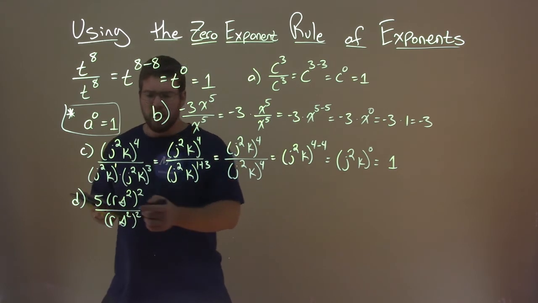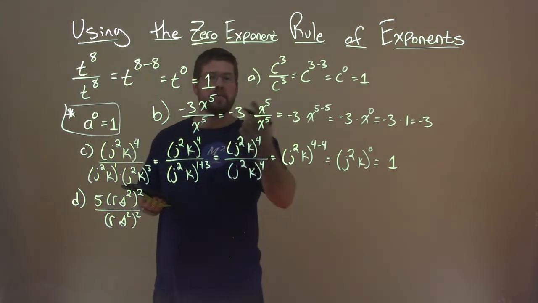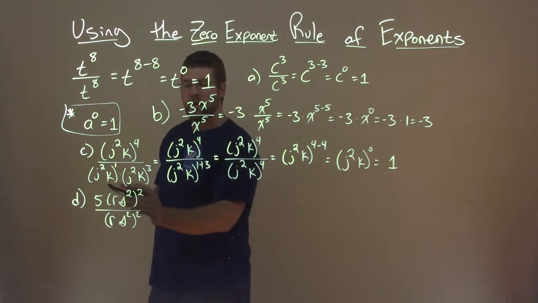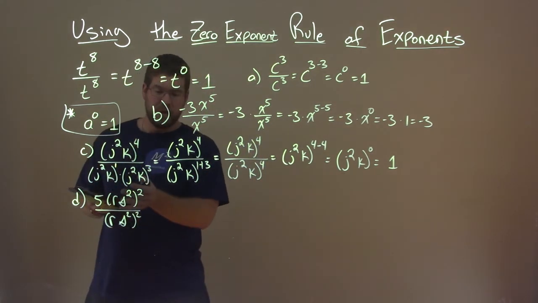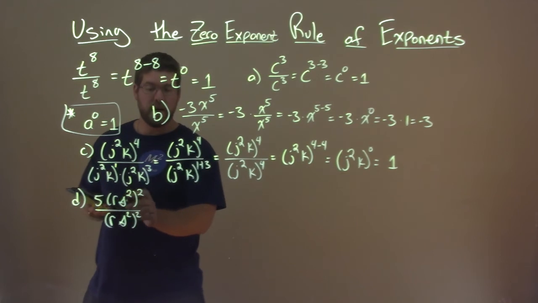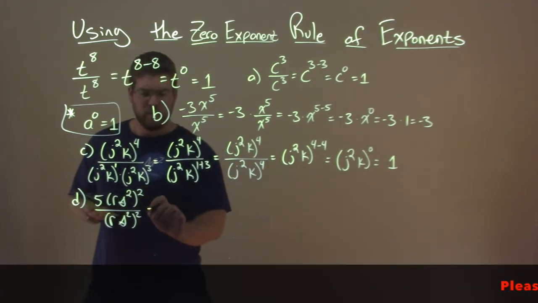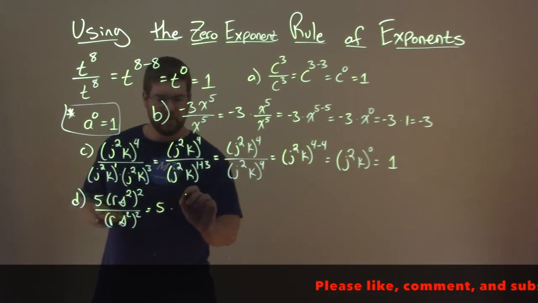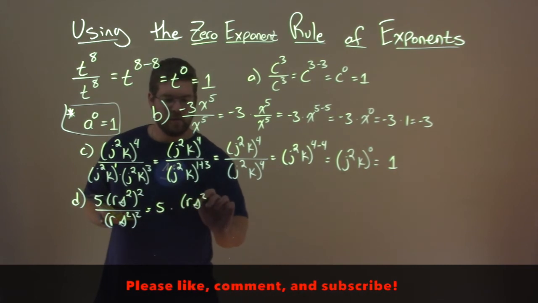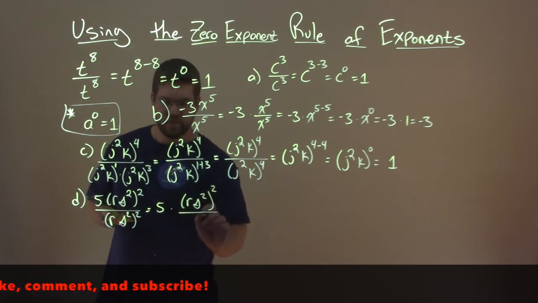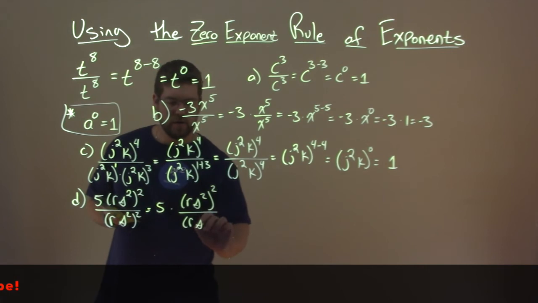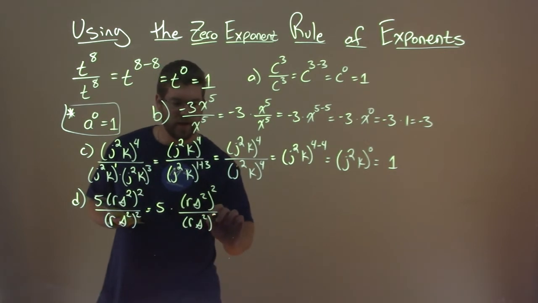Well, again, like we did earlier with b, this 5 is really going to be multiplied by our base. Our base here is rs squared. So to show that, we have 5 times rs squared all to the second power over rs squared to the second power.